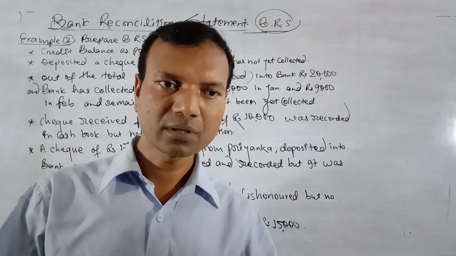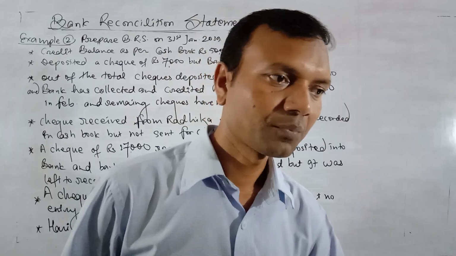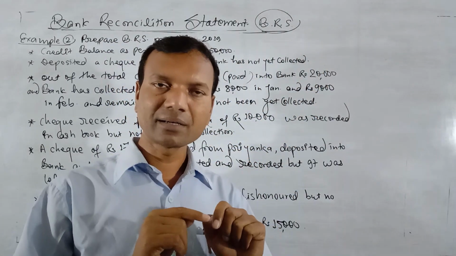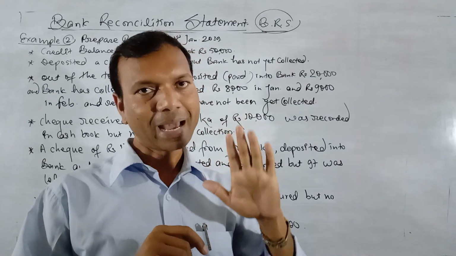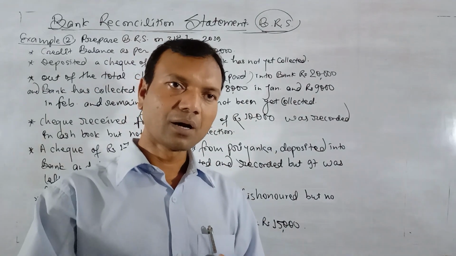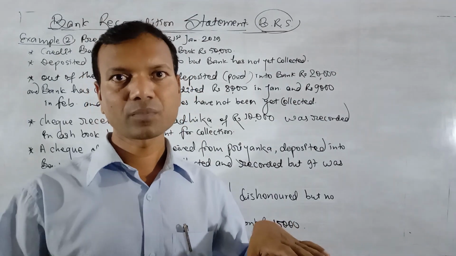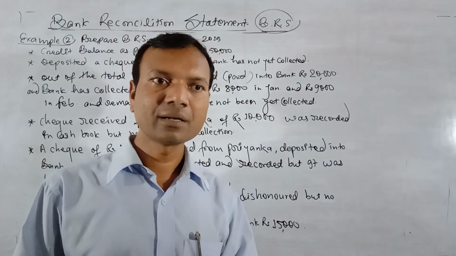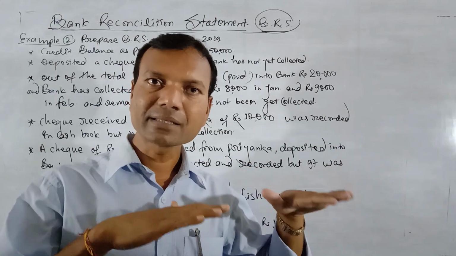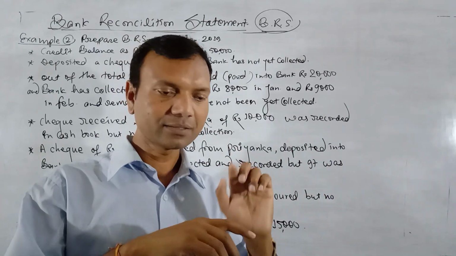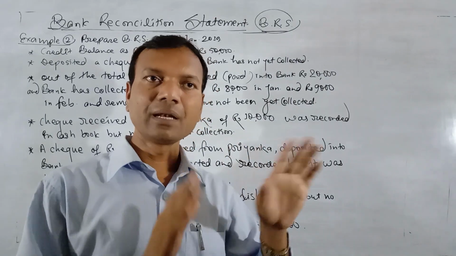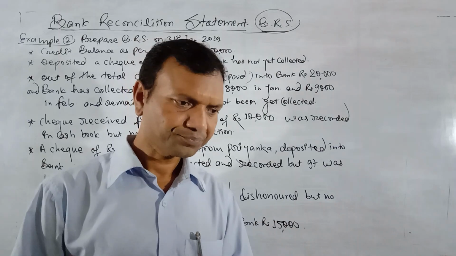Once again, in the beginning we have to always assume that the balance of the cash book and the passbook are equal. I often think of the right hand as the cash book, and the left hand as the passbook.